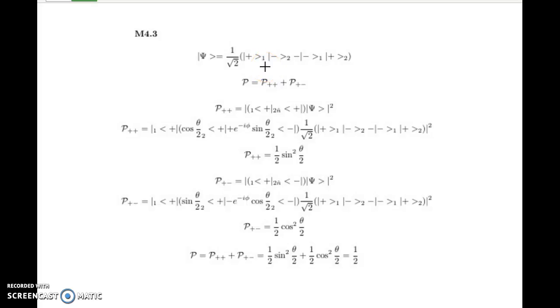So this is problem 4.3 for standard 4.1. The question gives you a two-particle entangled state, and the state is psi equals 1 over square root of 2, and then ket plus sub 1, ket minus sub 2, minus ket minus sub 1, ket plus sub 2.